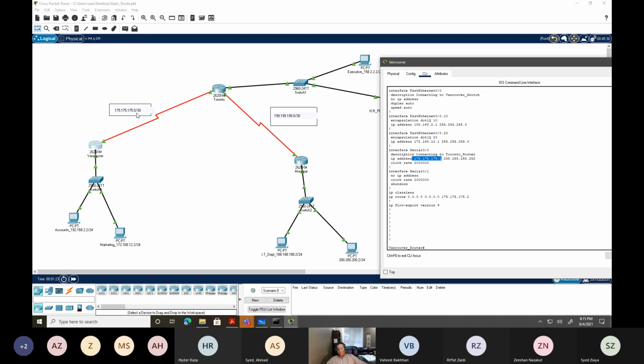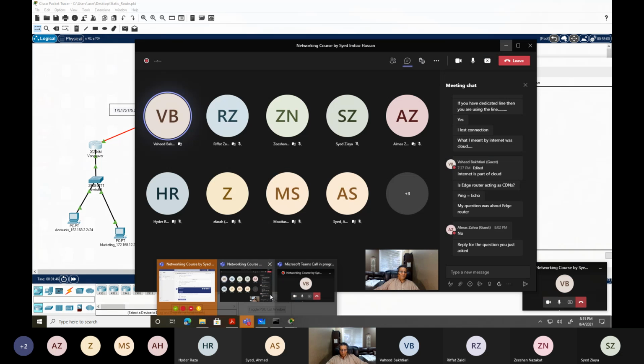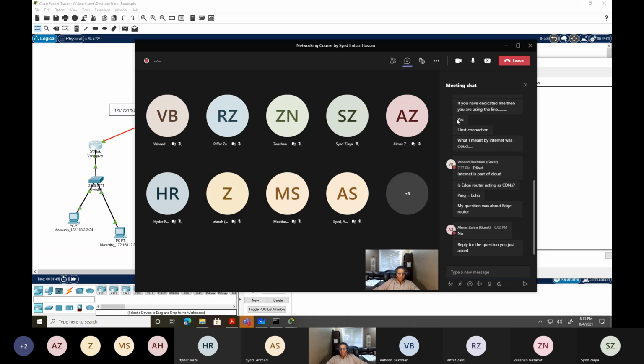Why? I'm using a /30. In a /30, if you calculate, you can have only two usable IP addresses: one network, two usable IPs, one broadcast, and then the new network. Any confusion here, guys? Everything is clear? No questions? Let me look at the chat and see if anyone has typed. Otherwise, I'll look at it after 15 minutes.